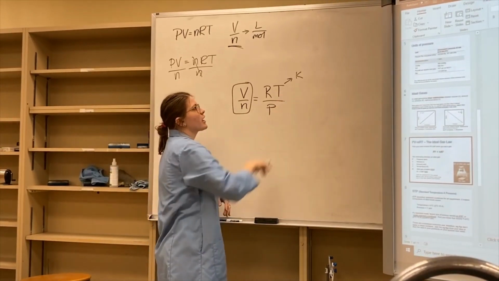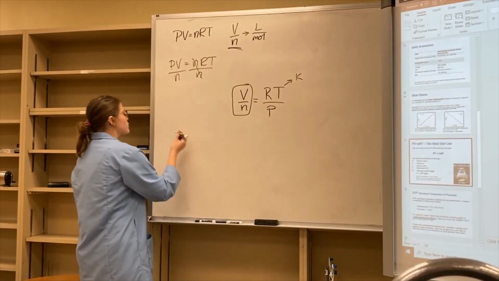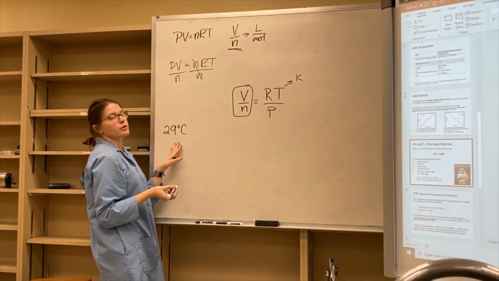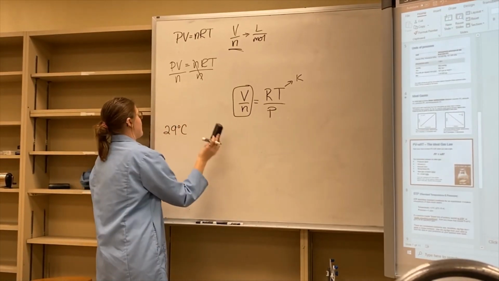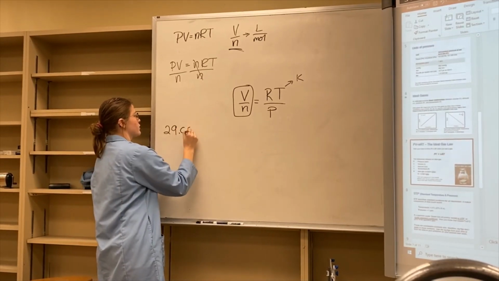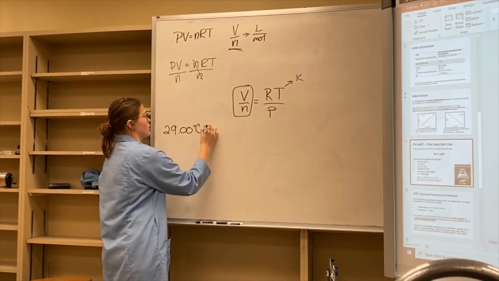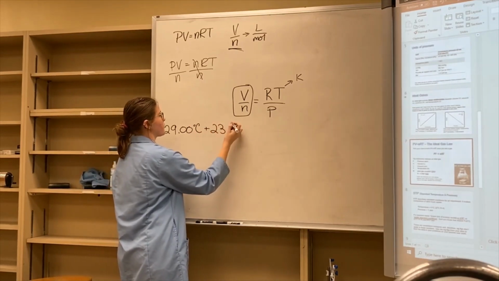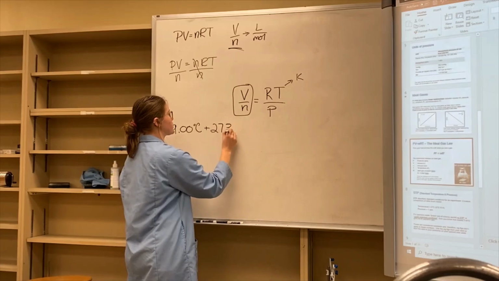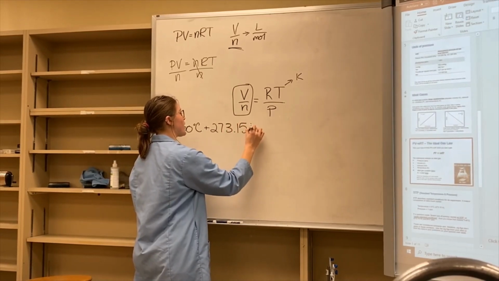So let's go ahead and convert our temperature. So the temperature in our water bath here was 29 Celsius, and technically it records out to 2 decimal places. So when we're converting to Kelvin, it's 273.15 that we add.